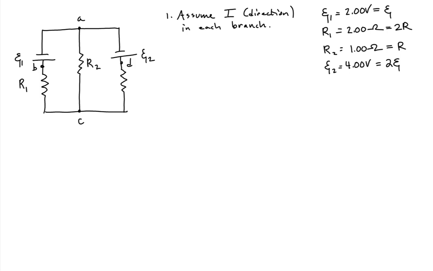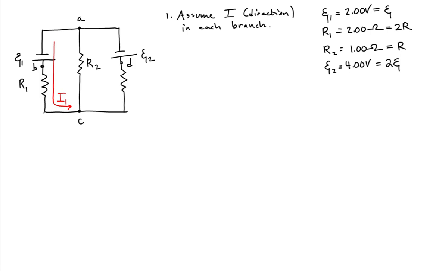So here, let's go ahead and assume that the current in the branch going through battery 1 goes from the negative to positive terminal of battery 1. Let's go ahead and call this current 1.